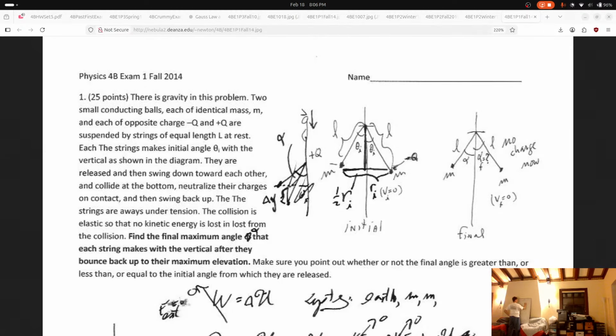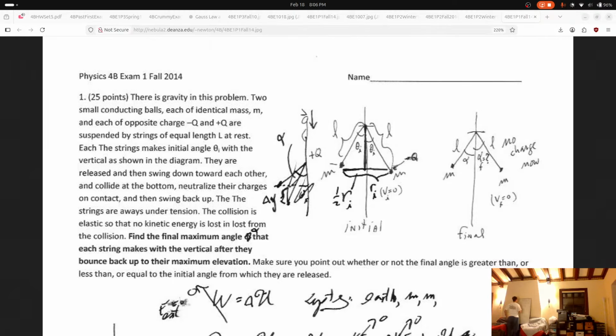So the change in gravity is going to be, these both are by symmetry, because they're both going to go up and down by the same amount. So that means that we're going to have m, the mass of the things, times gravity times y final minus y initial. And this is going to be times 2. So this is equal to the UGs.